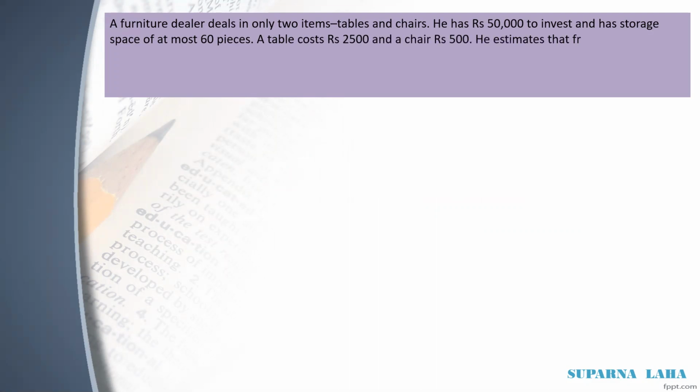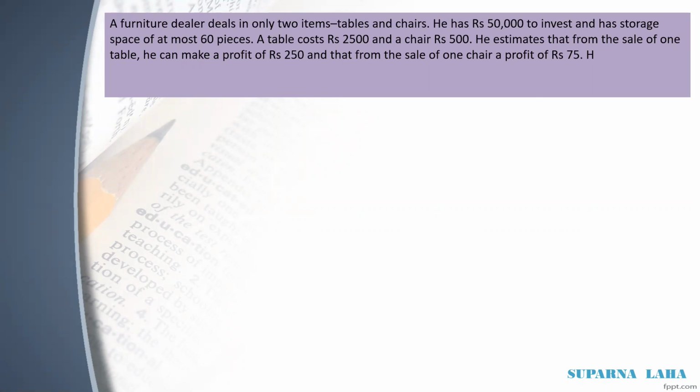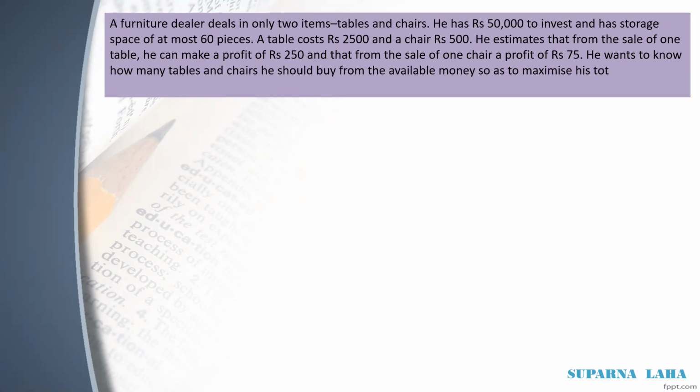That means the total number of chairs and tables he can store is 60 pieces. Okay. So the cost of a table is rupees 2500 and the cost of a chair is rupees 500. And by selling a table, he can make a profit of rupees 250, and by selling a chair, he can make a profit of rupees 75. Okay.